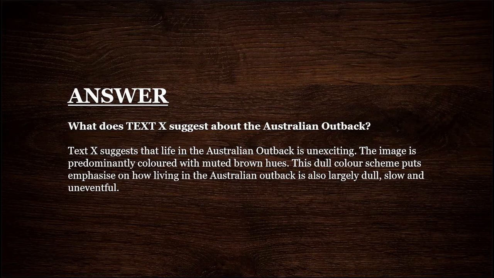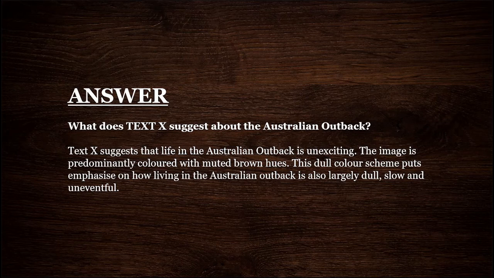You can see how the artist has used a lot of brown in the image because he knows that this kind of brown color will trigger a certain emotion within us. When we see brown, we usually think it's very boring, very dull, very slow, not very energetic. And because we get these emotions, we can also apply these emotions to the outback.